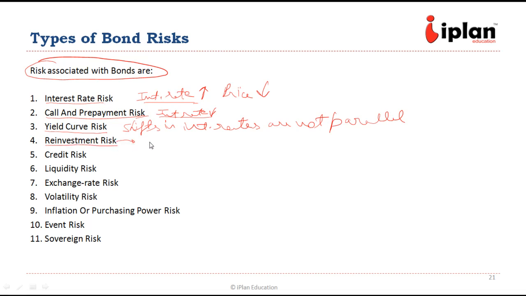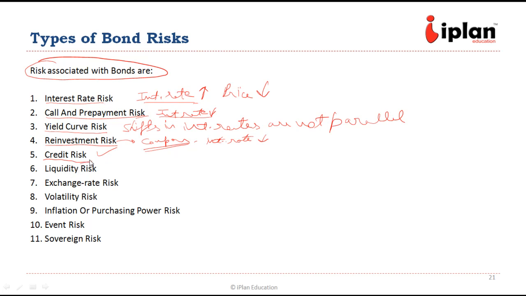We know when the coupon is paid, it has to be reinvested by the investor. If the interest rate is falling, there is a risk that the investor will have to bear where he has to reinvest the coupon at a lower rate. So that is a risk associated. There is a credit risk where the borrower is not able to repay the coupon or the principal.